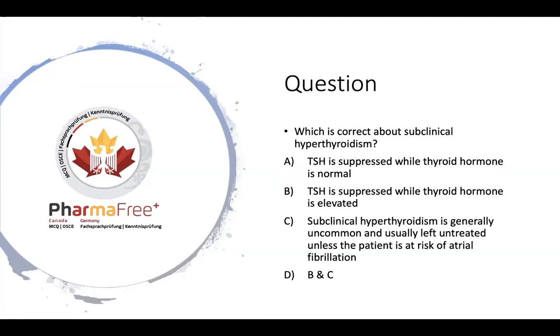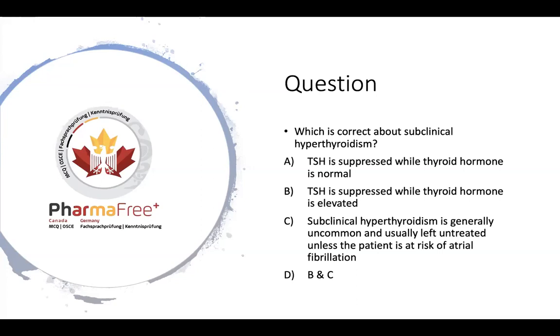That's why it's subclinical, okay? Because the thyroid hormone is normal, there are no symptoms. What makes the symptoms of thyroid gland dysfunction? Is it the TSH or the thyroid hormone? It is the thyroid hormone itself that controls the body system in general. It's not TSH. We use TSH as an indication.